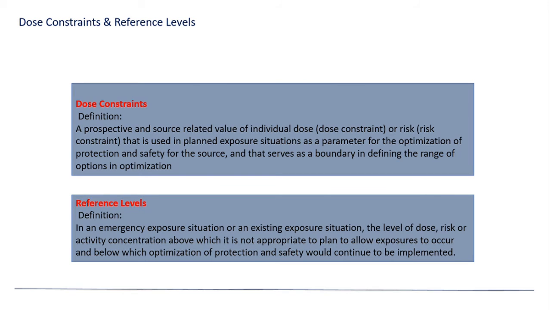Dose constraint and reference level. Here we have the definitions of the dose constraint and reference level. Dose constraint definition: a prospective and source-related value of individual dose, or risk constraint, that is used in a planned exposure situation as a parameter.